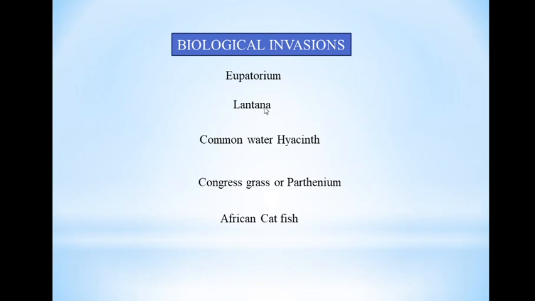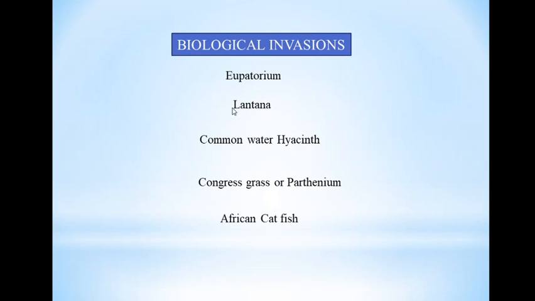Another species is the lantana. Lantana camara is a common species in India. It is also from America. Lantana has become the biggest problem in the semi-arid regions of India. It is inhibiting other plant species, the herbal species, from growing, and it also acts as an obstacle for the movement of animals, especially elephants, tigers, big mammals, and carnivore species.